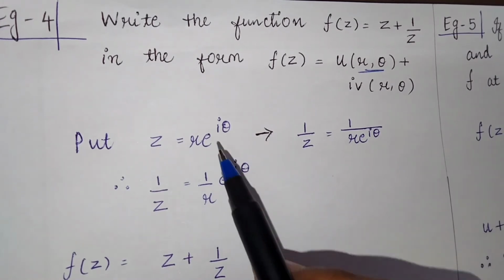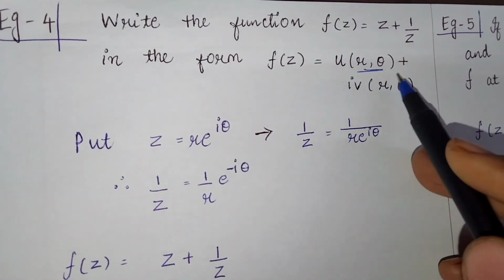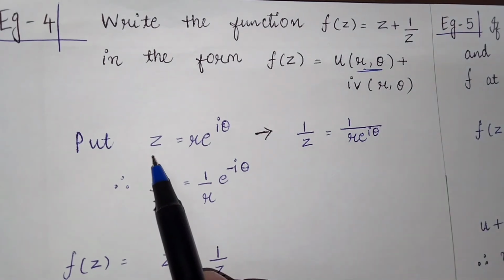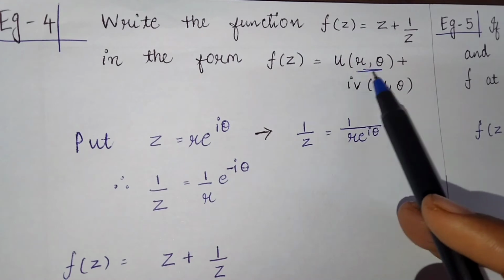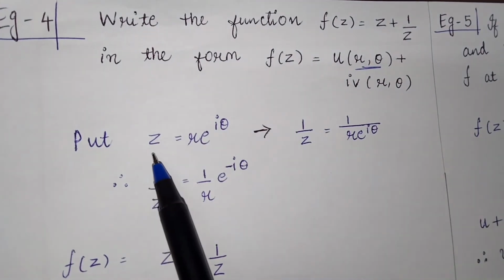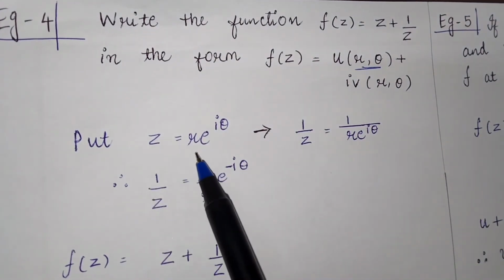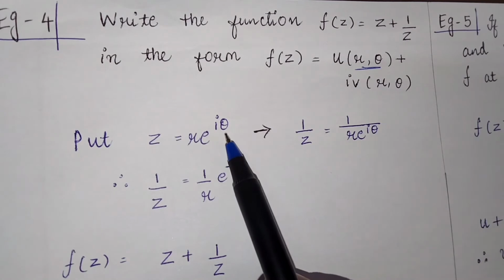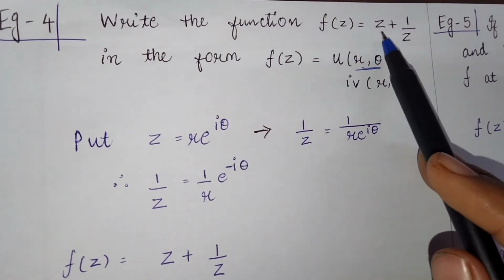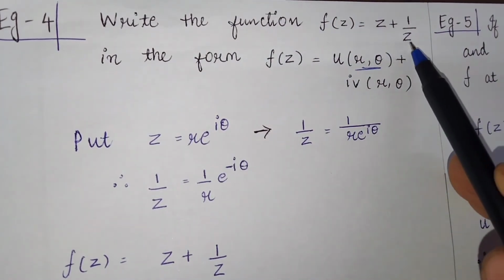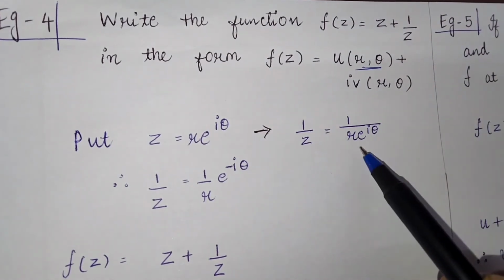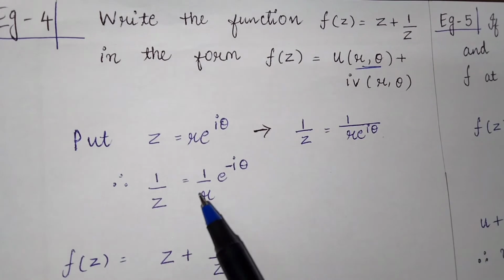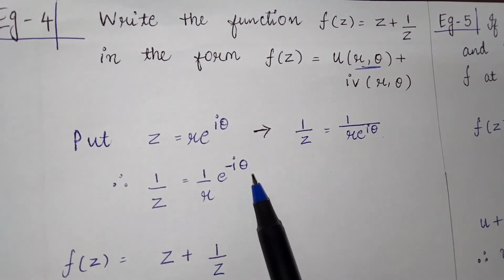When it is given in the form of x and y, what do we take z as? x plus iy. But here we have to convert it into theta form, so we will take z equal to r e raised to i theta. So we got the value of z, but we also want the value of 1 by z. So 1 by z is equal to 1 by r e raised to i theta, that is equal to 1 by r e raised to minus i theta.